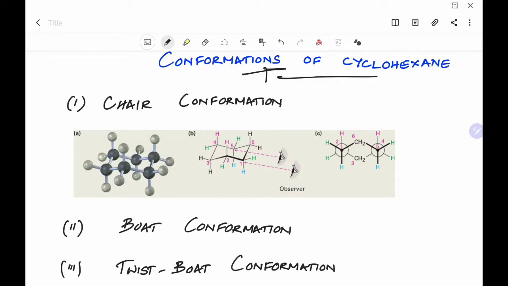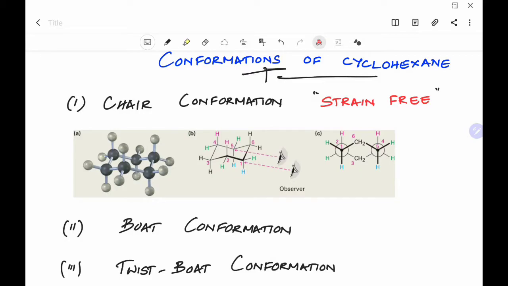As I mentioned earlier, chair conformation is the most stable conformation for cyclohexane. Why? Because the chair conformation is considered to be strain-free. As you know, most cyclic compounds or cyclic alkanes suffer from strains like ring strain, steric strain, or torsional strain, right?